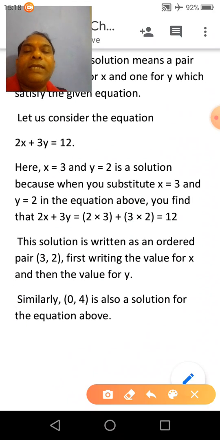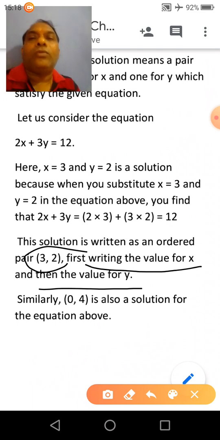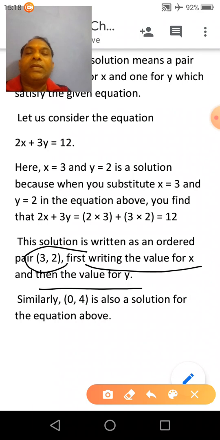The solution is the ordered pair (3, 2), first writing the value of x and then the value of y. Clear? So in (3, 2), x is equal to 3 and y is equal to 2. Similarly, (0, 4) is also a solution for the equation.